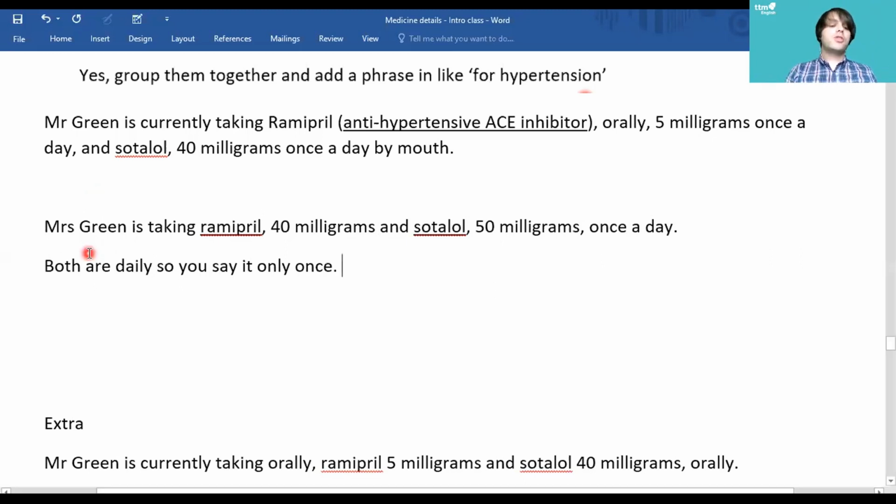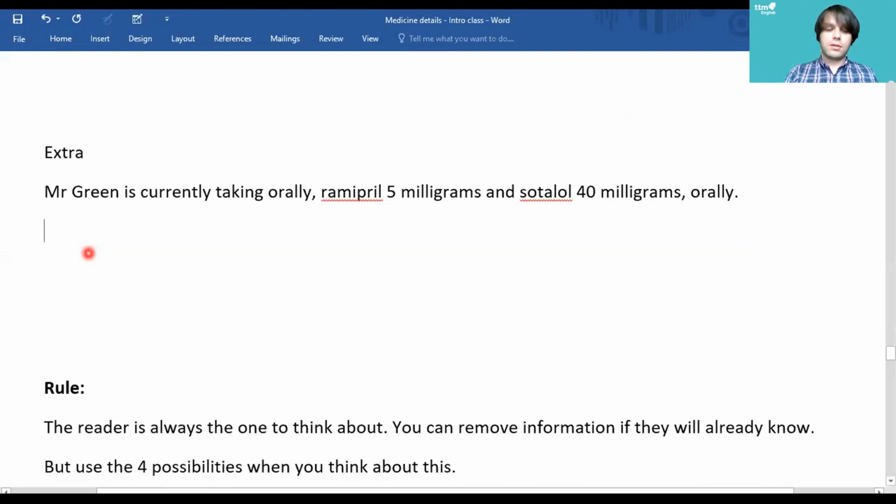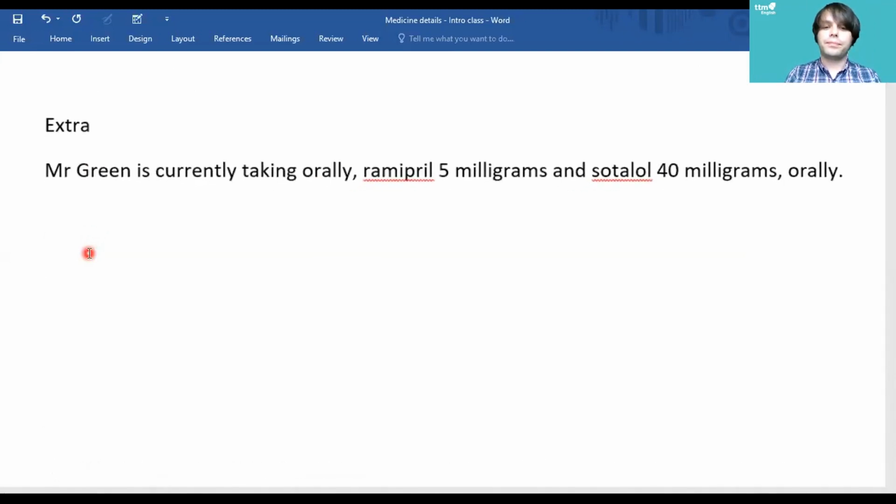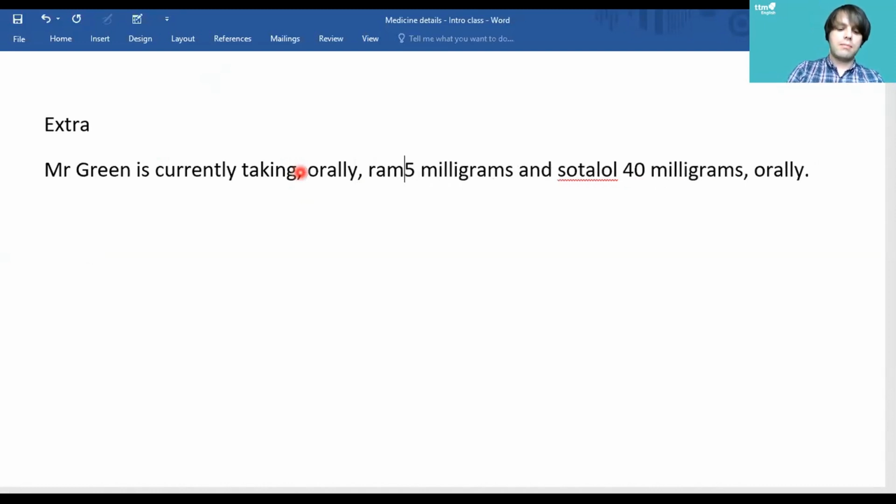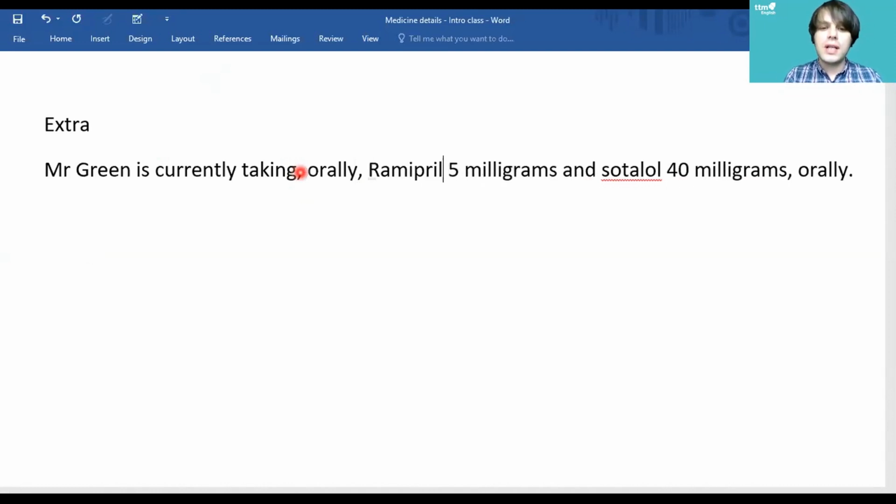Okay. Now, someone here wrote this. What's wrong with this? Can anyone tell me the problem here? Mr. Green is currently taking orally ramipril 5 milligrams and sotalol 4 milligrams orally. Comma. Orally. So I need a comma here, yeah? Then I need ramipril, spelling ramipril. What do I need here, guys?